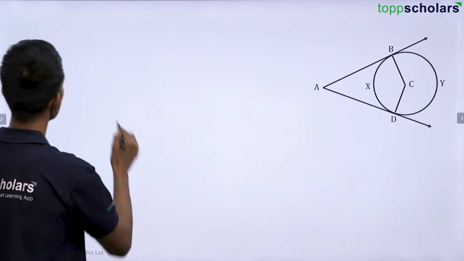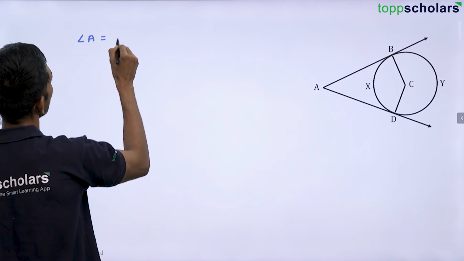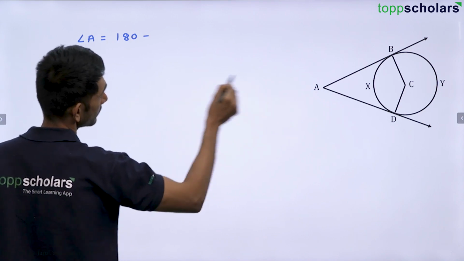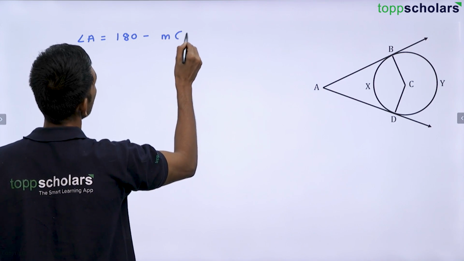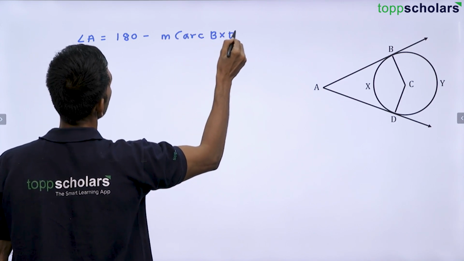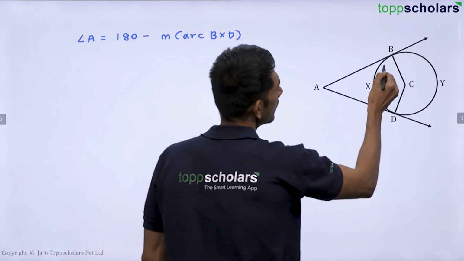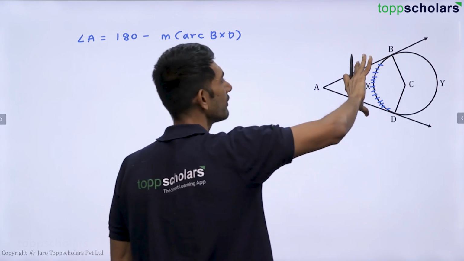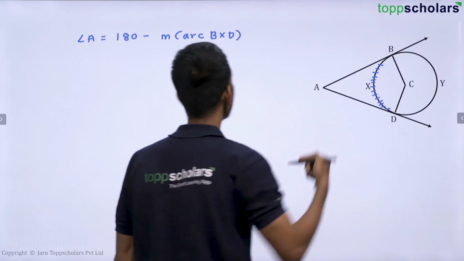Now this is an important result. So I am writing down angle A is equal to 180 minus measure of arc BXD, correct? Now understand. Now this is BXD. Can I write down the measure of arc BXD as entire circle minus BYD?